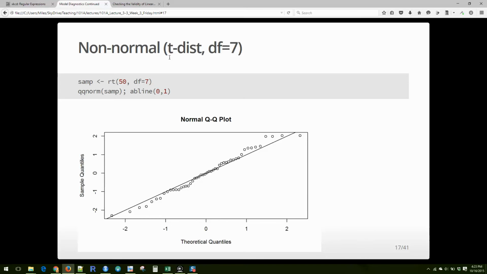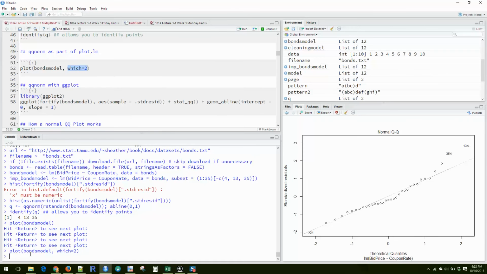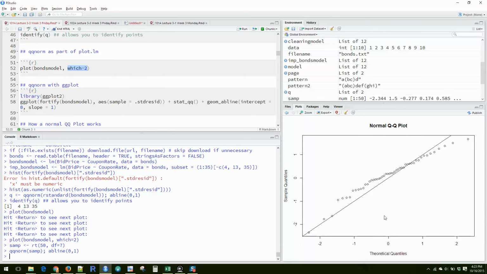Over here, this is something that is from a t-distribution. So this is not normal. A t-distribution looks similar to the normal distribution, but its tails are a little bit heavier. Do we detect that? In this one, I would say not really, but if I ran this a few more times, we might detect a heavier tail.